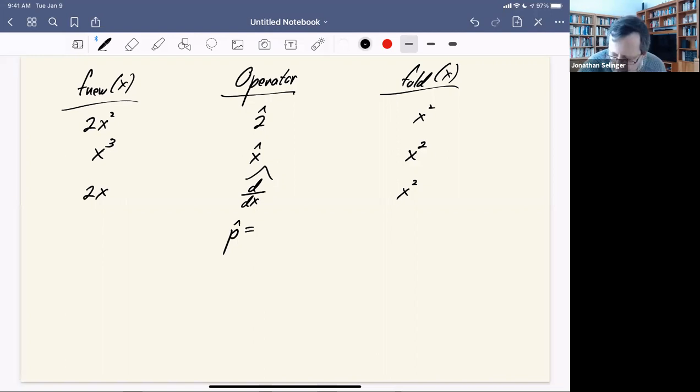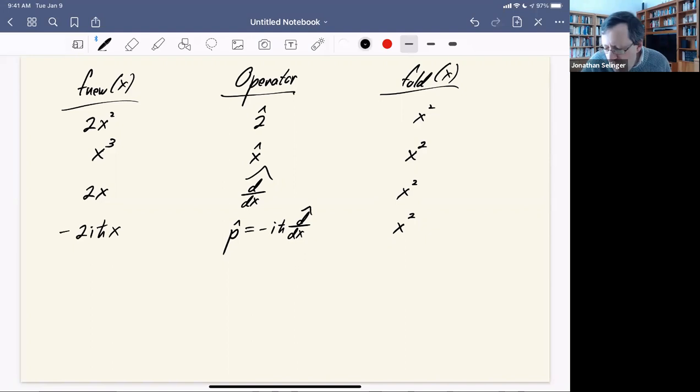That is minus i h bar d by dx. So if f old is x squared, then I'm going to take the derivative and multiply it by negative i h bar. And so I get negative 2 i h bar x, like that.